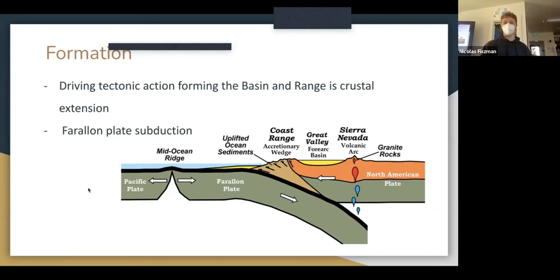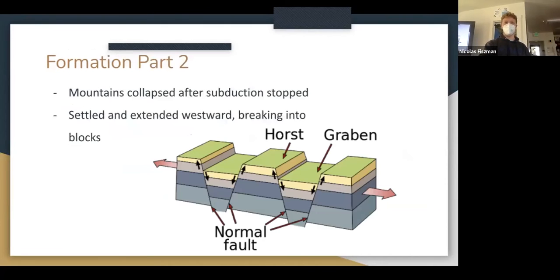And then about 17 million years ago, that subduction stopped. So all that pressure that formed those mountains and was holding them up disappeared. Basically there was nothing holding the mountains up anymore, and they just collapsed under their own weight.